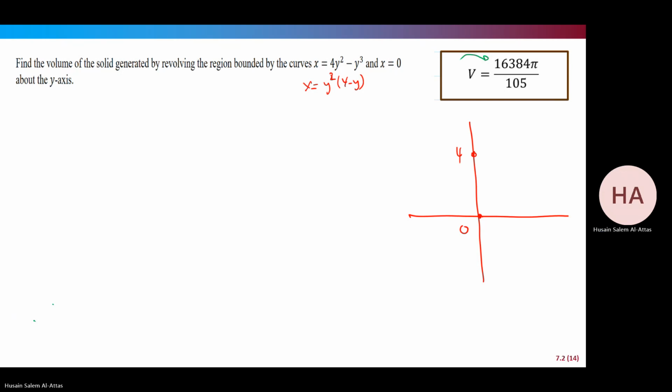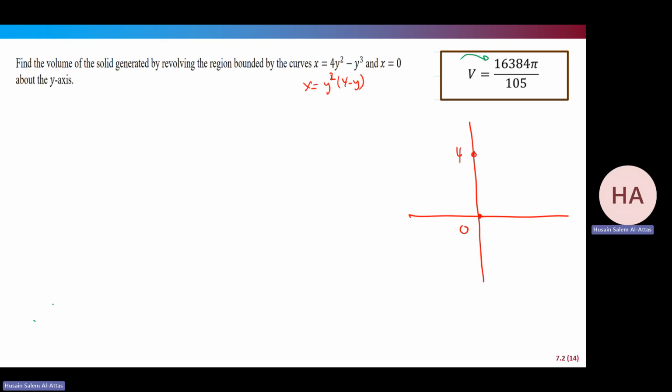If x is less than 0, negative, then y will be negative.